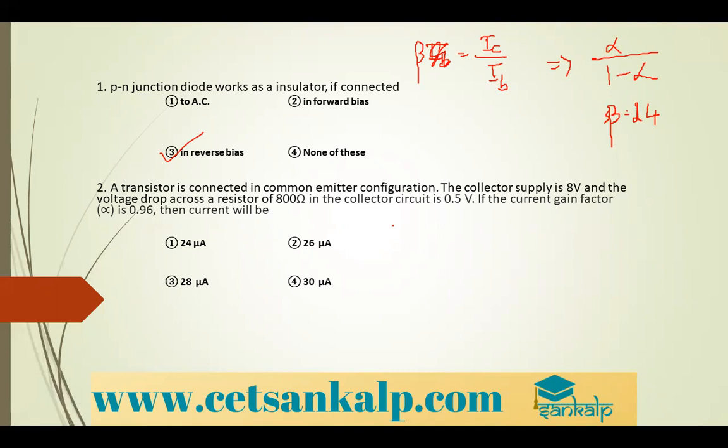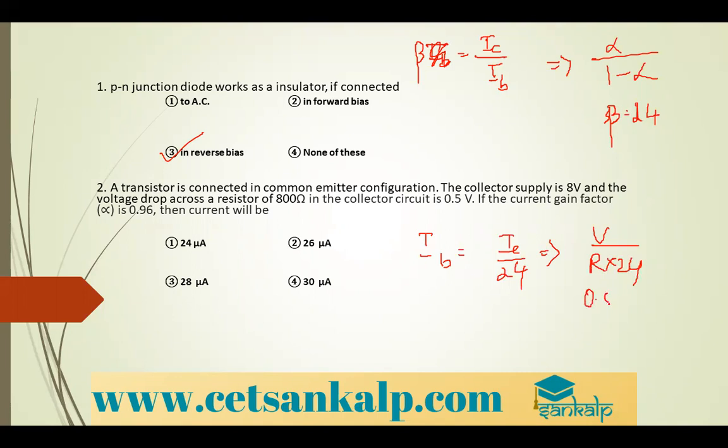So next I have told you to find IB is equal to IC divided by 24. So IB can be written as V by R into 24.